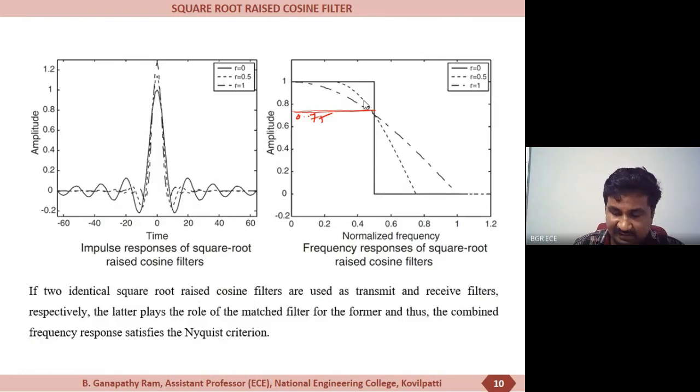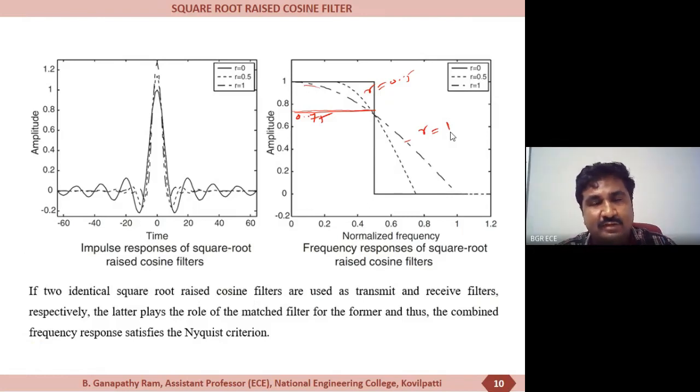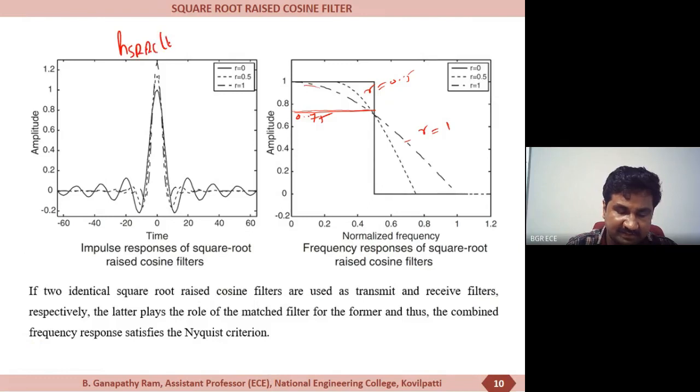And moreover, a well smoothening is achieved for R equal to 0.5, and very good smoothening occurs at R equal to 1. And the performance of the raised cosine filter, RC filter and SRRC filter depends on the roll-off factors. The corresponding impulse response of the SRRC filter is represented on the left side.